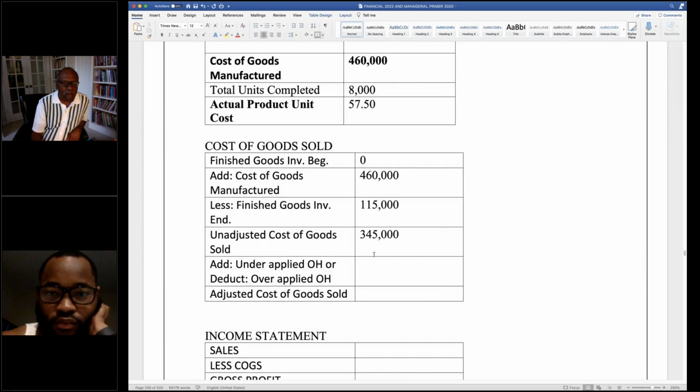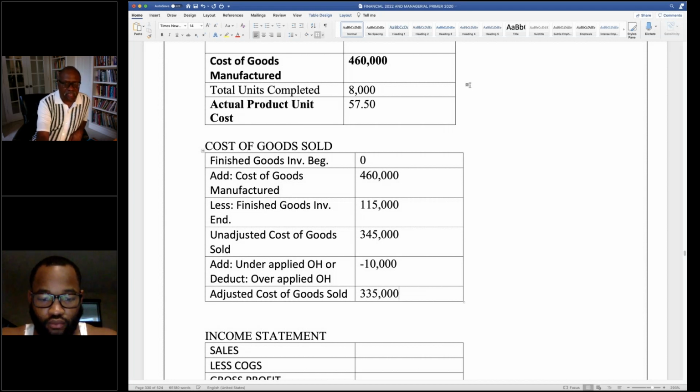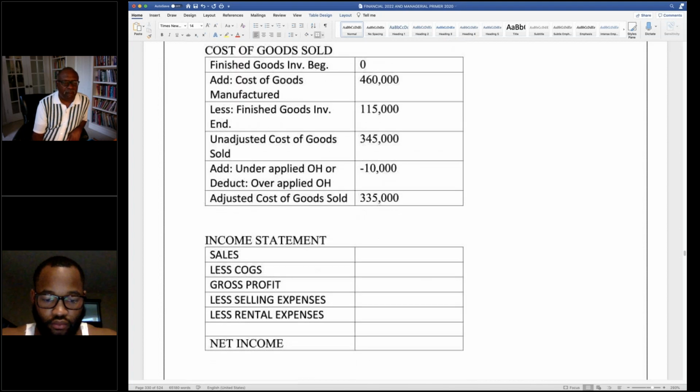And so we're going to come in here and deduct the over applied, and we're going to get the same number, 335,000. Can y'all do an income statement by yourself?